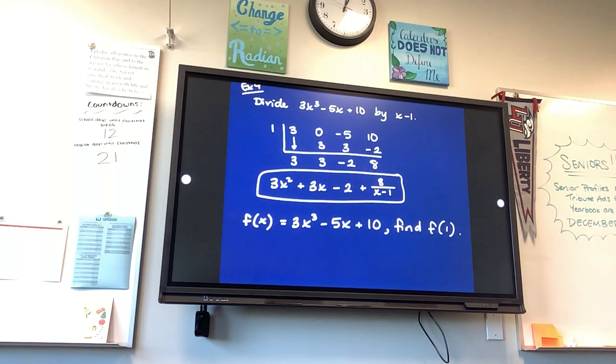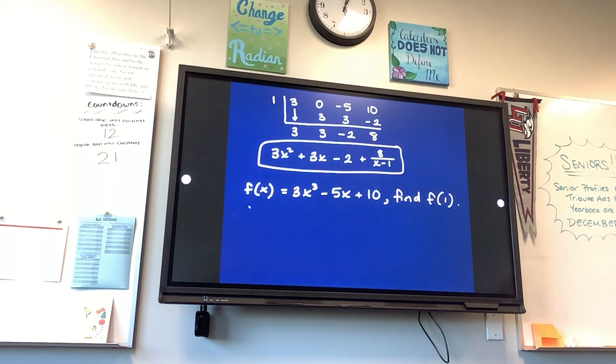What does it mean if it asks for that, f at 1? Plug it in for x, all of the x's, right? So f at 1 is to say 3 times 1 cubed minus 5 times 1 plus the 10.